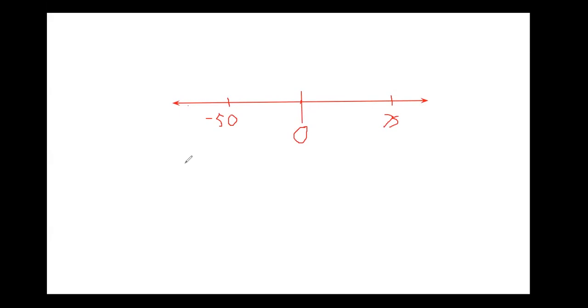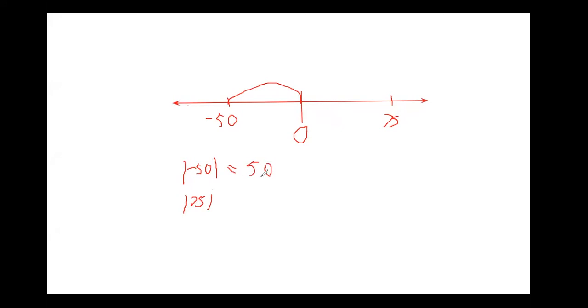So if we have the absolute value of negative 50 and 75, when we write it out, this is going to be 50 spots from 0.